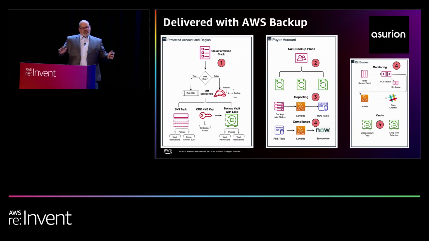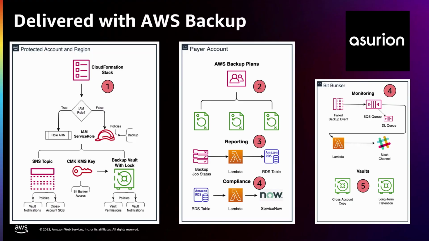So now to the fun stuff. How did we do it? With AWS Backup, Asurion was able to deliver a standardized data protection framework across 200 accounts in 5 regions. As we can see in the diagram, I've got it broken out into 3 sections. Each section represents an account in our environment.